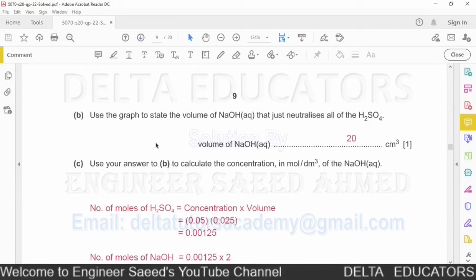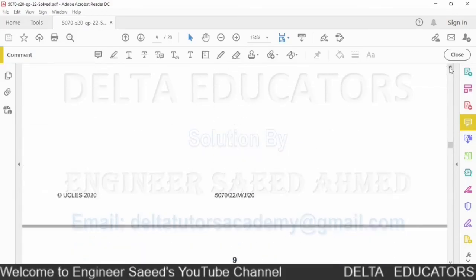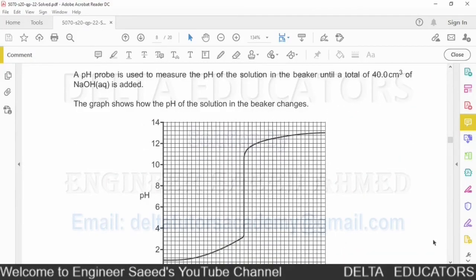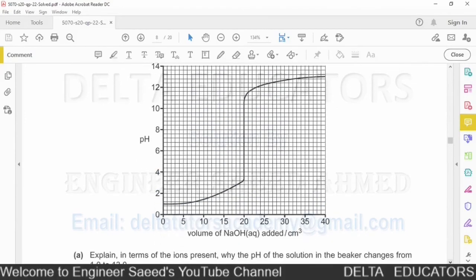Part B. Use the graph to state the volume of sodium hydroxide that just neutralizes all the sulfuric acid. Here in the graph, on the x-axis volume of sodium hydroxide is given, on the y-axis pH value is given. Now the pH value of a neutral solution is 7.